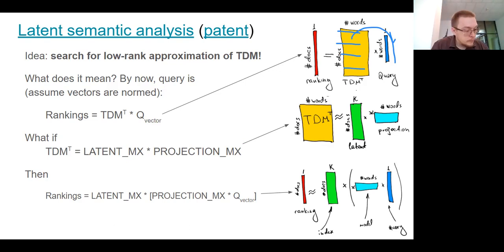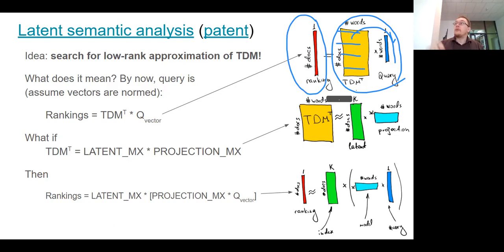So this operation, term document matrix multiplied by query, will return a vector with the same number of entries as the number of documents and a dimension of 1 here. So it's just a vector where each position holds the cosine similarity between the document and the query.